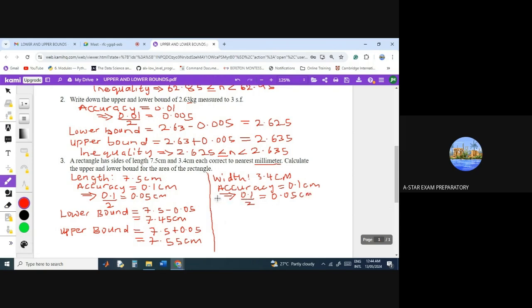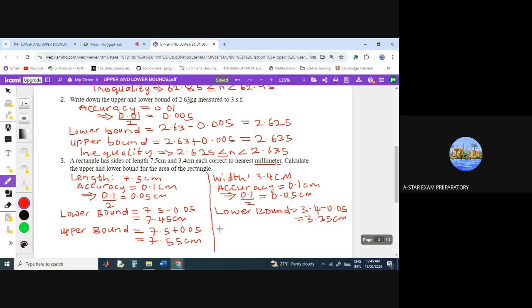So the lower bound we have to be equals to 3.4 minus 0.05. Okay, do a simple arithmetic there. That gives us 3.35 centimeters. So this is the lower bound of the width.